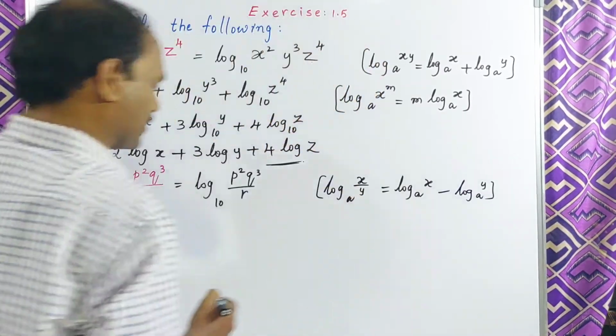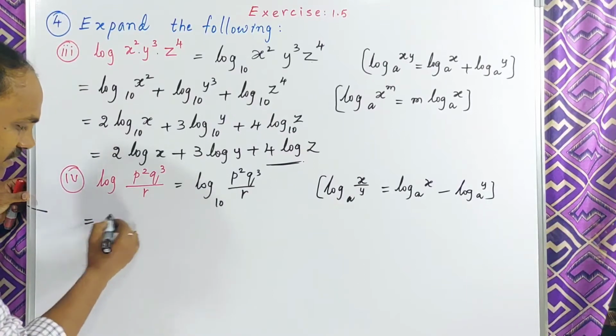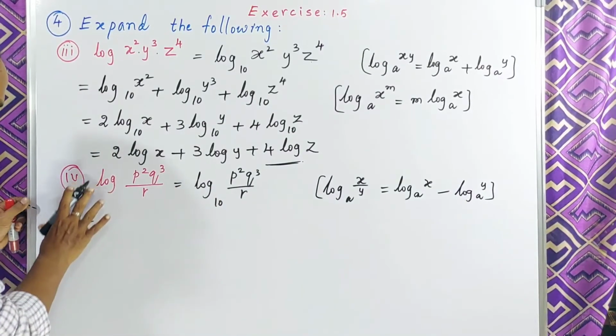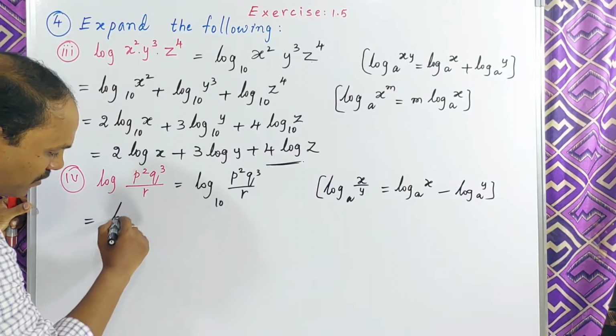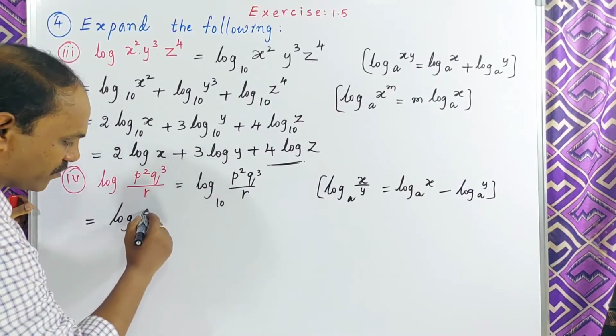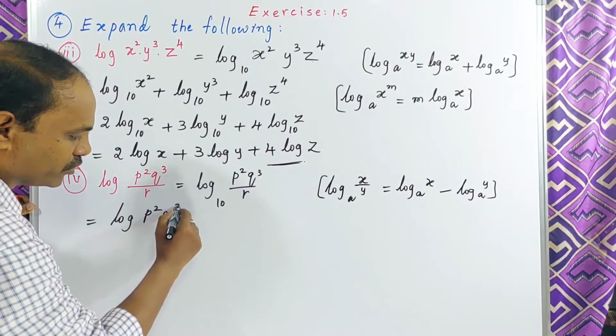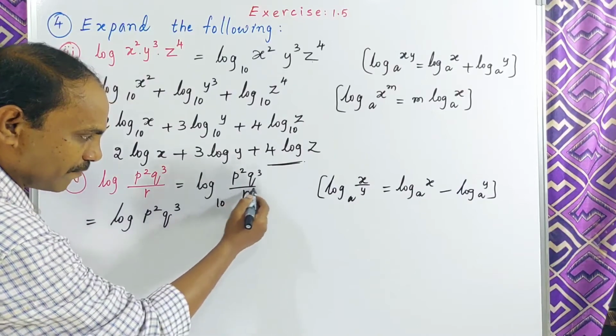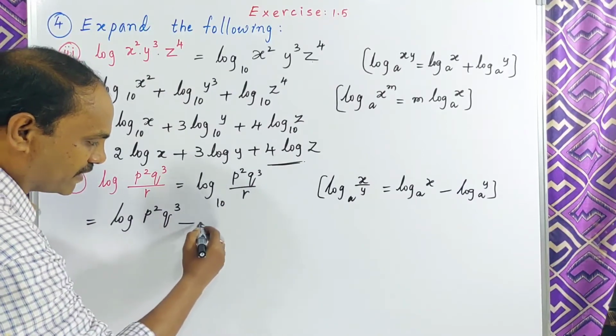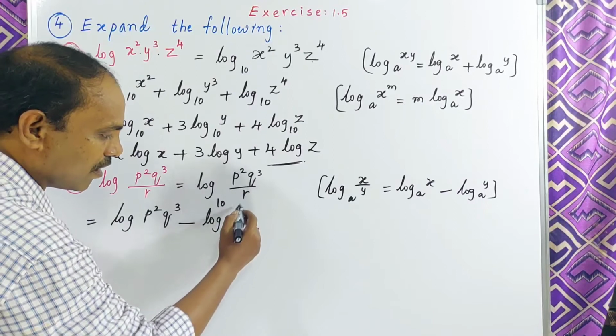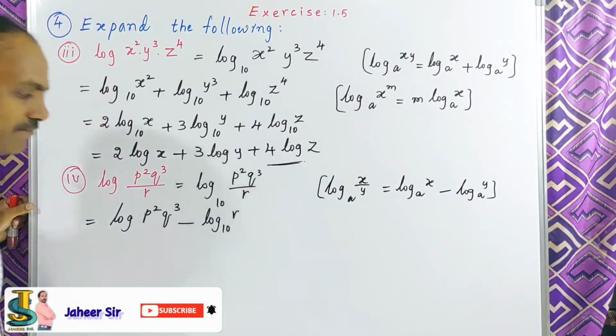By using this formula we can expand this: log p square q cube minus log r to the base 10.